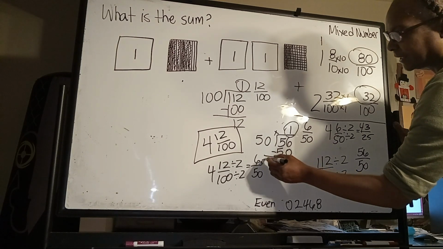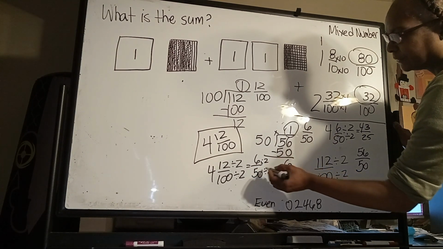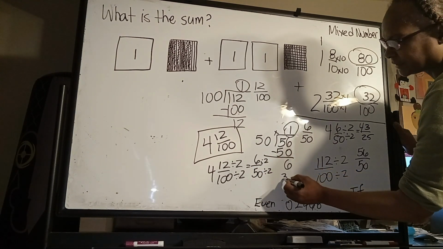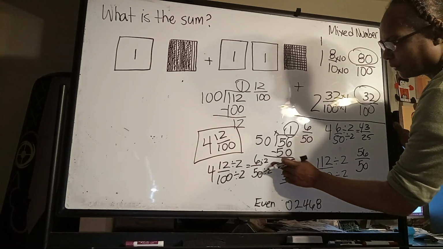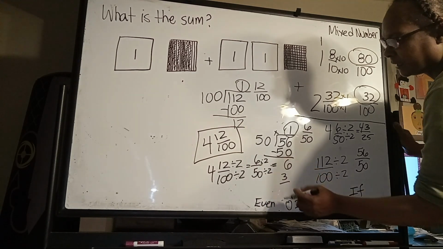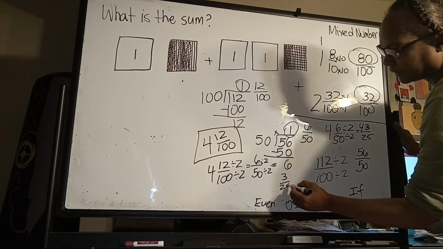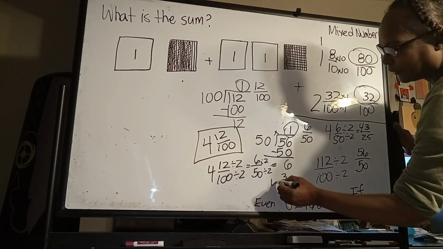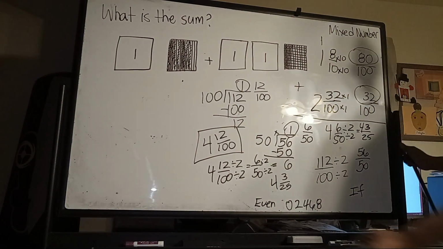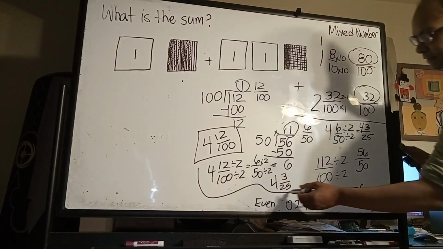So we divide again by 2 and by 2. 6 divided by 2 will give us 3. I don't want to put it up here where you can't understand. 6 divided by 2 will give you 3, and 50 divided by 2 will give you 25, and you keep the 4. So all of this is the answer.